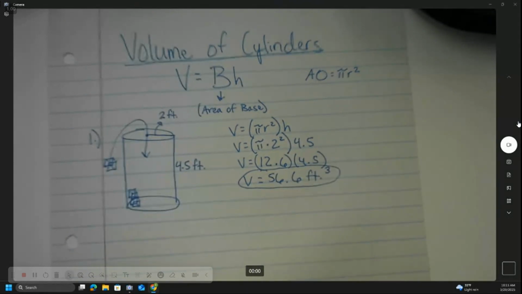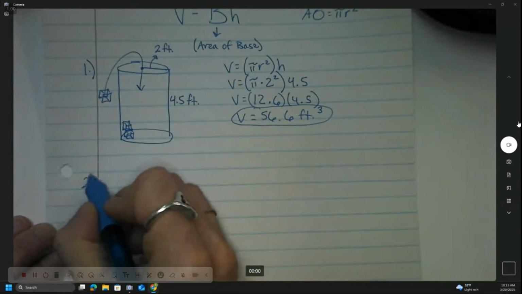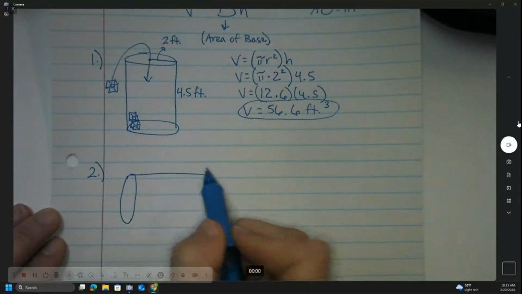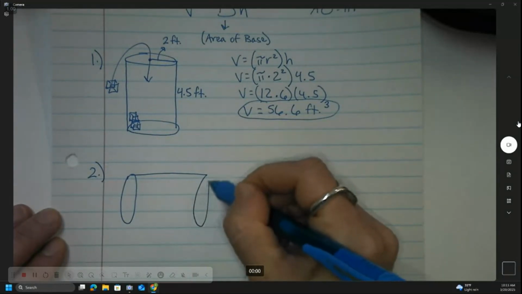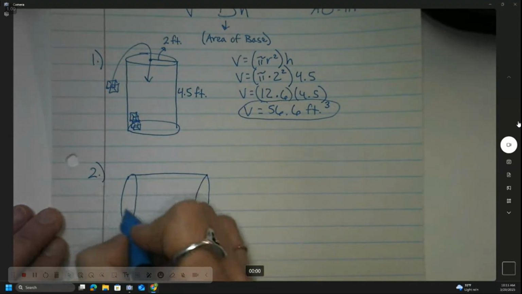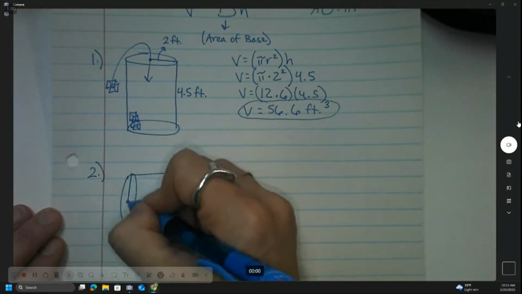So that's one example. Let's do one more just to be safe. Number 2, I'm going to turn the cylinder sideways this time, just because, why not? You're going to see it in all different ways. I'm going to give you a diameter this time too.